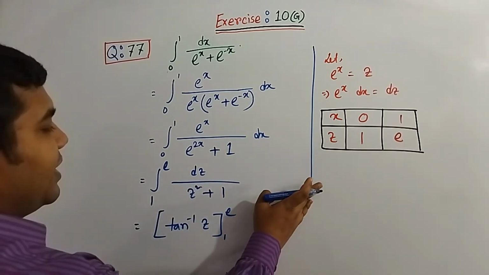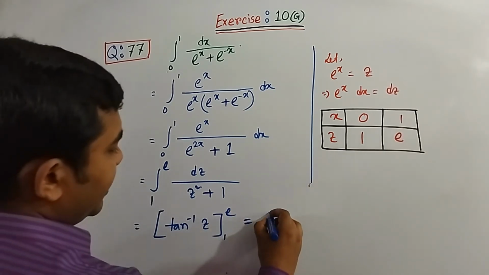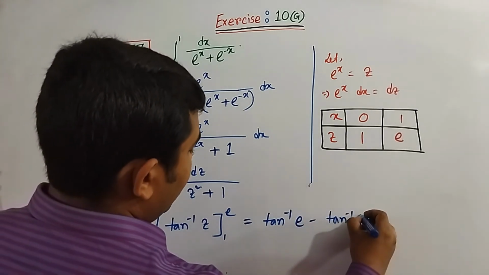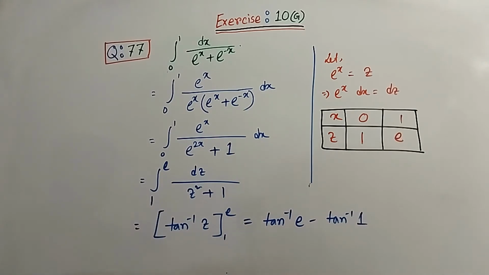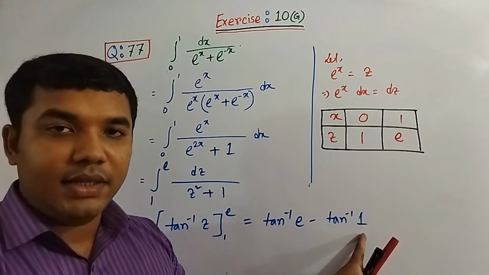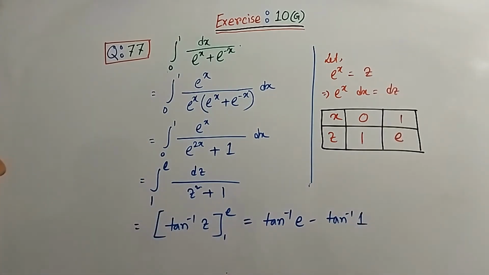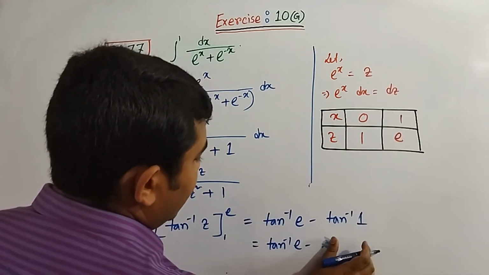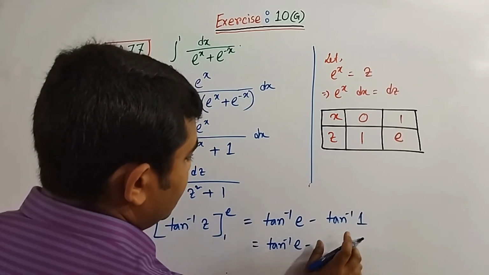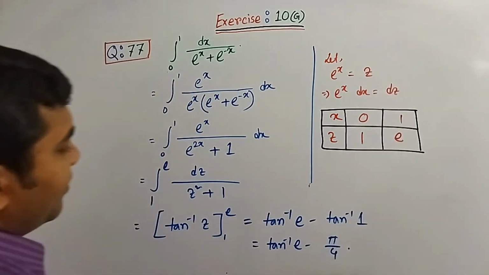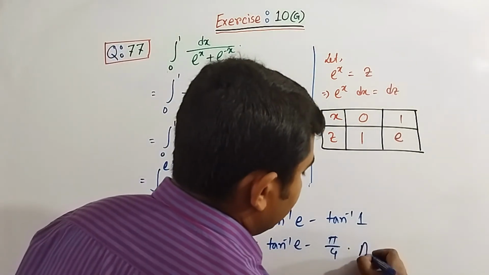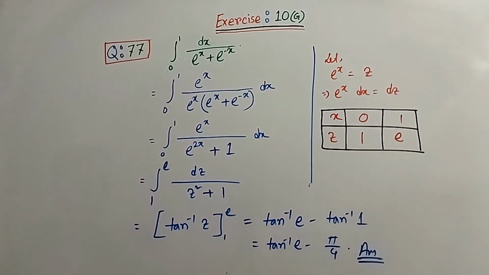If we put in the values, we can write tan inverse e minus tan inverse 1, and we know tan inverse 1 is nothing but pi by 4, because the value of tan pi by 4 is 1. That's why this can be written as tan inverse e minus pi by 4. Dear students, can you understand the math? Thank you. So that's our question number 77.